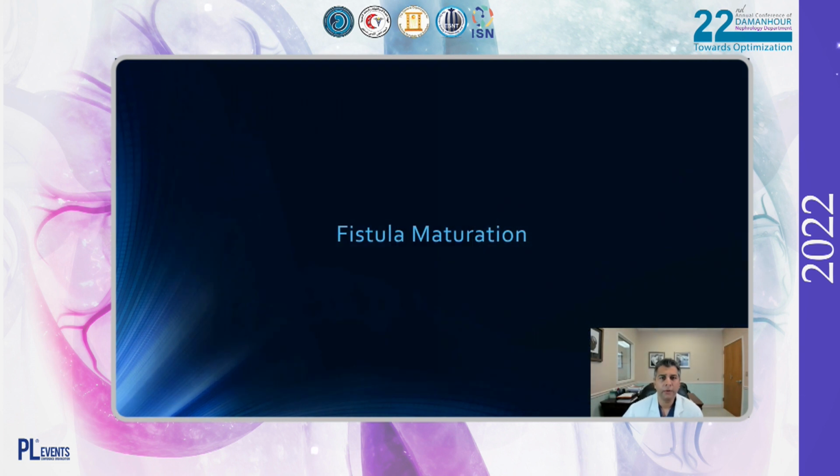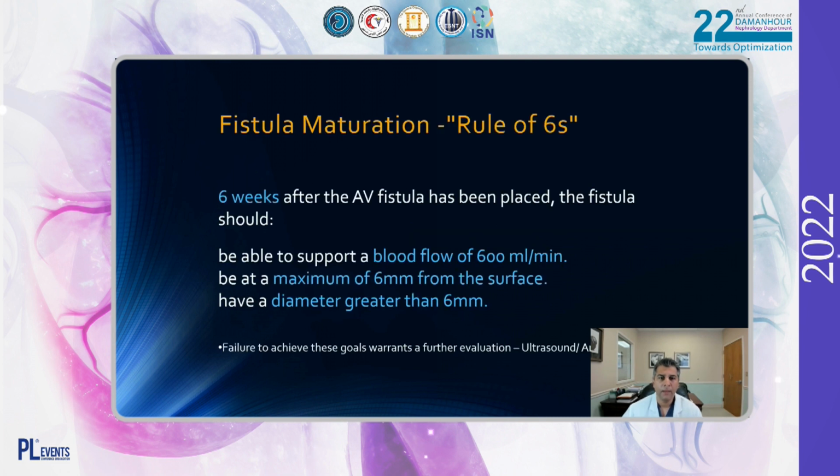Fistula maturation is also an important part of our management of our patients. When fistulas are created, they are not always mature, and sometimes we need to perform angioplasty to help develop the fistula. There's a rule of sixes that we use to determine when a fistula is mature. Generally 6 weeks after fistula placement, we use ultrasound to assess the blood flow and the size of the fistula.